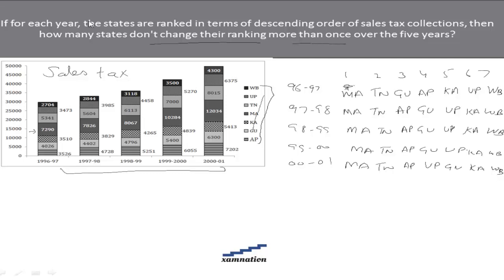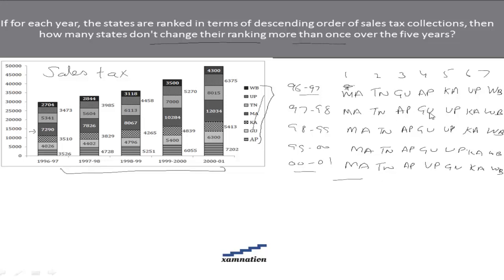As we are asked how many states don't change the ranking more than once for the 5 years, you can see that from 1996-97 to 2000-01, Maharashtra is ranked first, so Maharashtra is one state. TN is also ranked second for all these years.